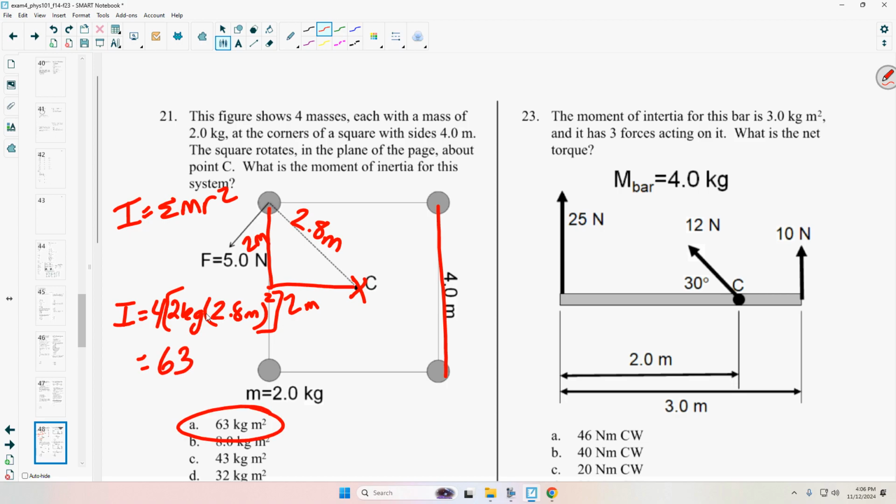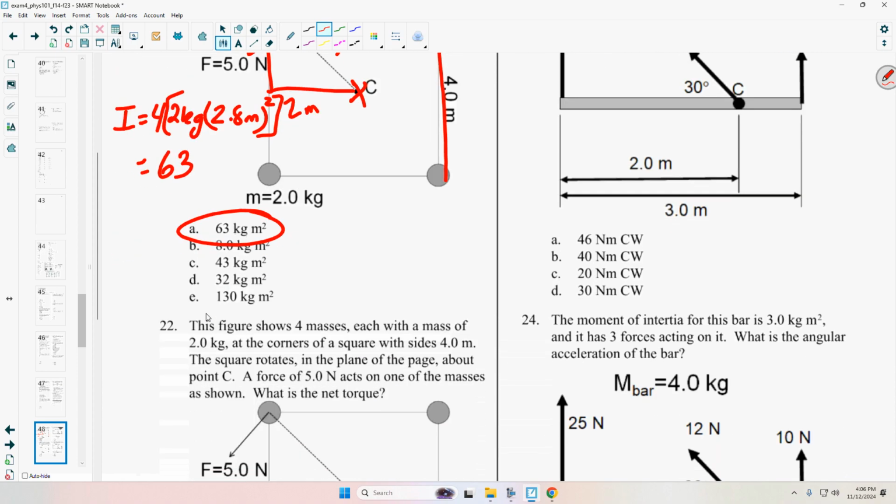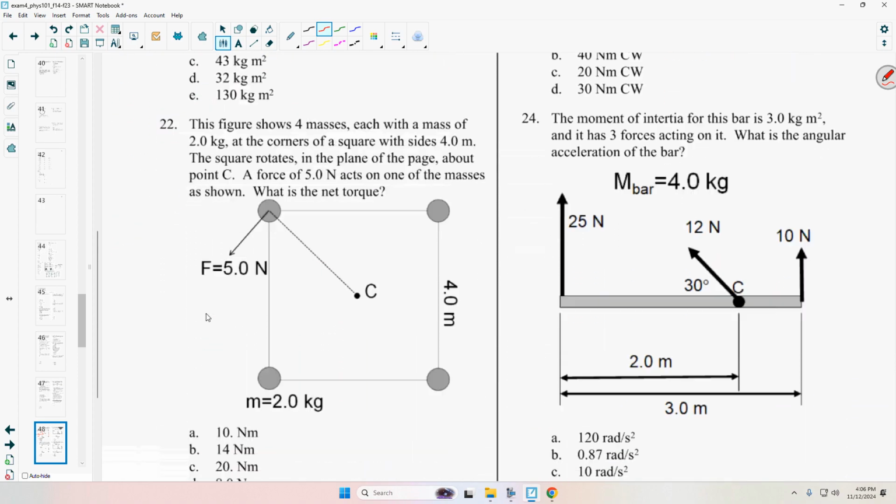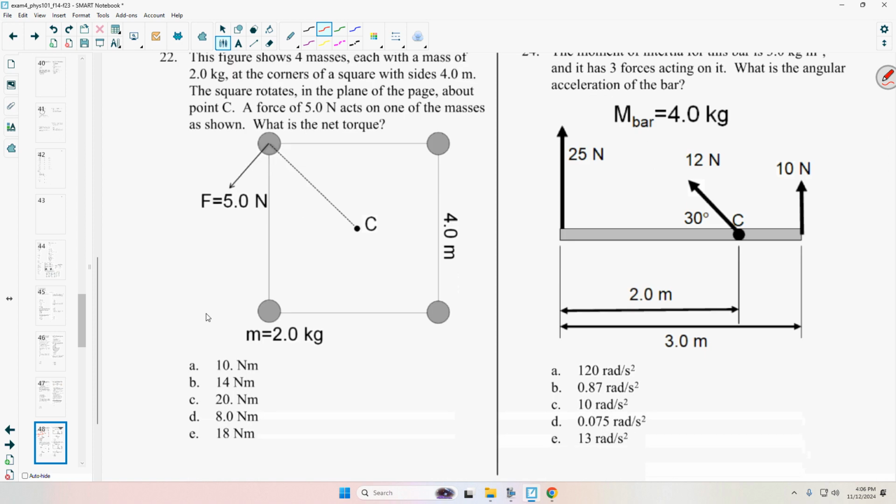In the next question, which carries on from that, I have this force that's acting, and I want to know the net torque on that system. To find the net torque, I know this distance is 2.8 meters. There's not a clear moment arm here, like an object that goes across that length, but that distance from where the force is applied to the axis of rotation is the one to use.